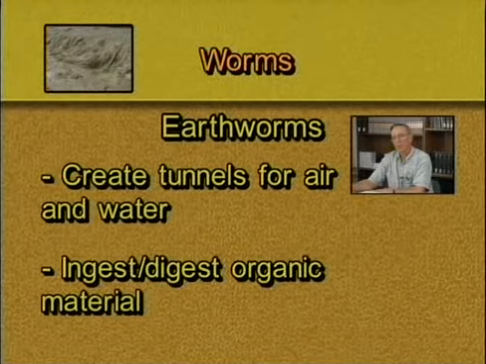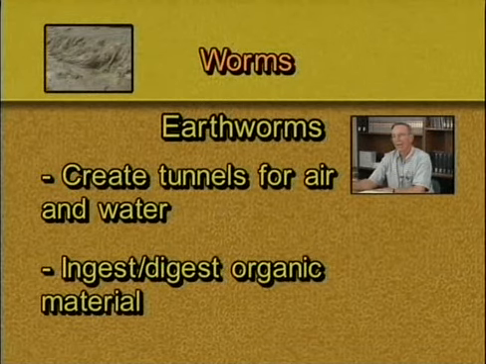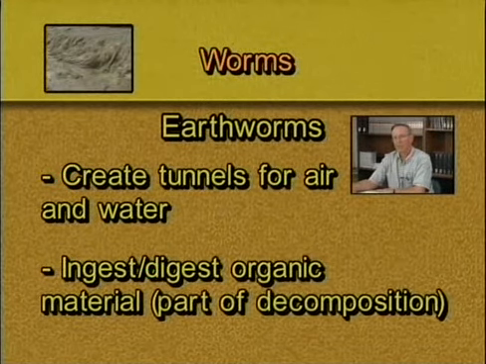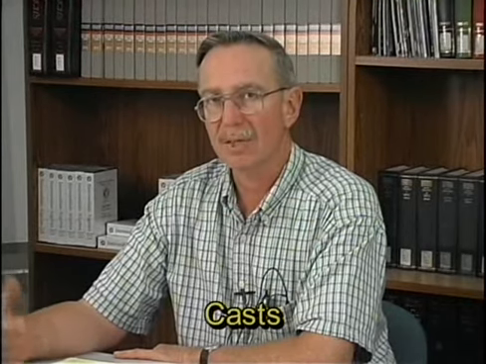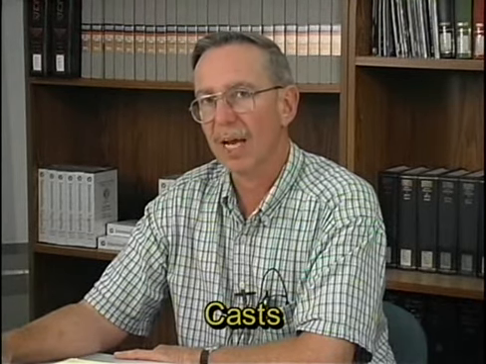So earthworms are ingesting and digesting the organic material in that soil and are part of the decomposition process of soil organic matter. As they break it down, they utilize portions of those nutrients, and some of those nutrients are released in the excrement which they leave behind, which we often think of as the casts in the areas where the earthworms are very active and burrowing.